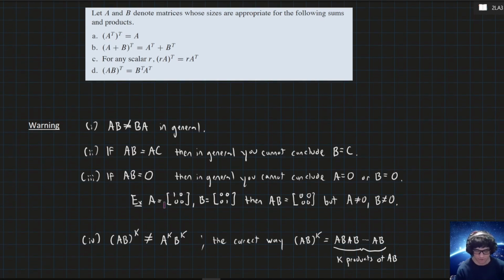Here's an example. If A is this matrix, just a 1 in the top left, and B is this matrix, just a 1 in the bottom right, then the product is the 0 matrix. But neither A nor B is the 0 matrix. So you can't conclude that.